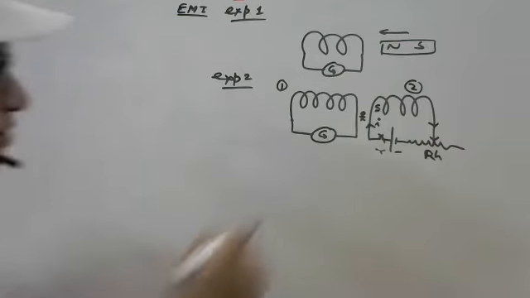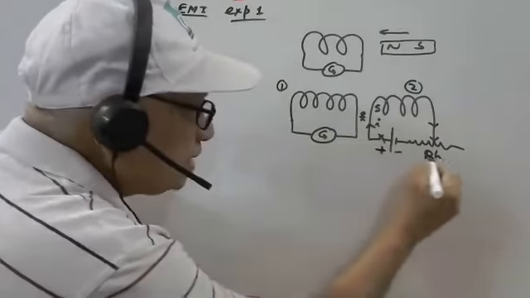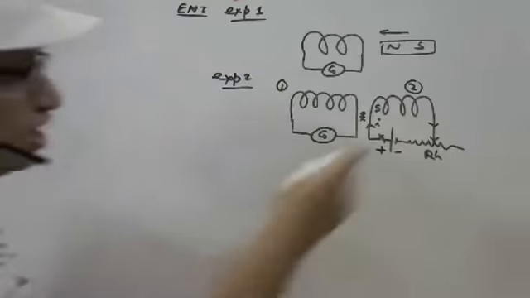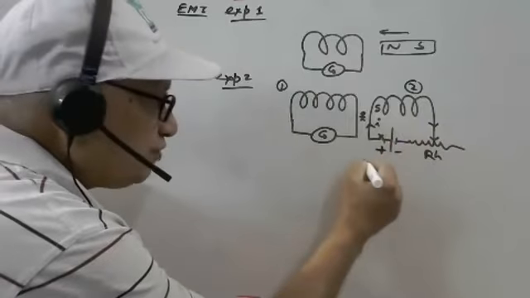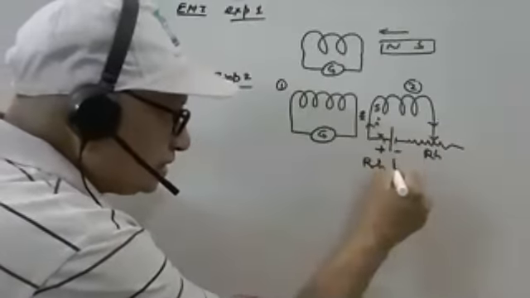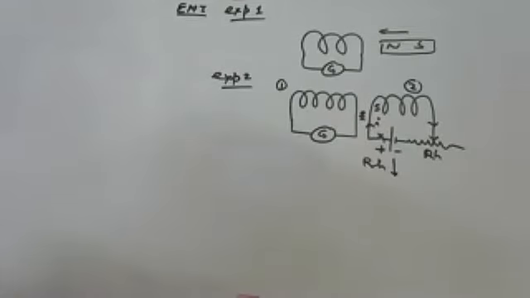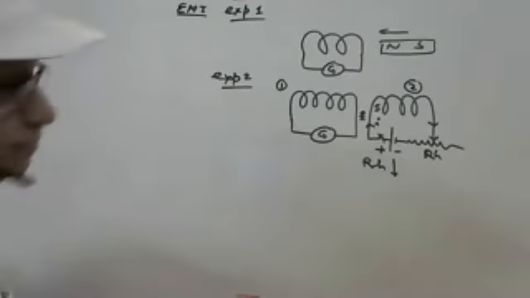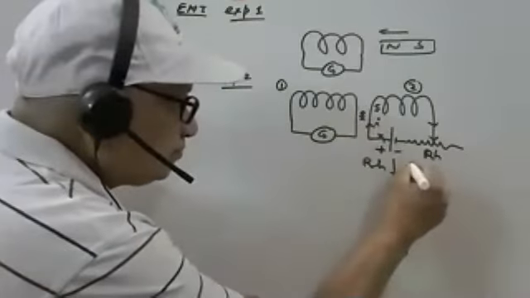Suppose we change the rheostat here. If you decrease this resistance, current increases.